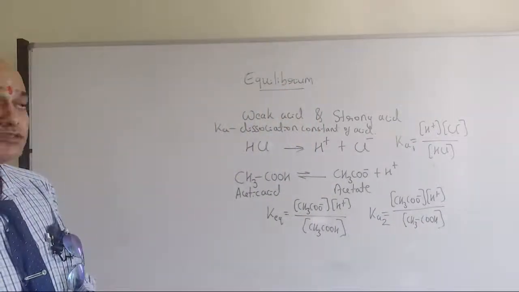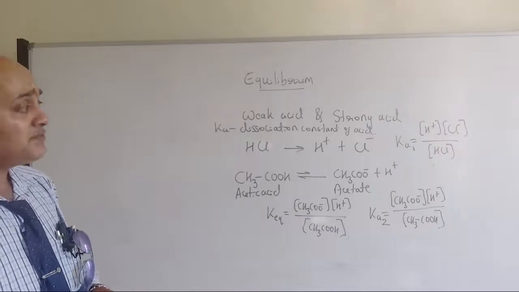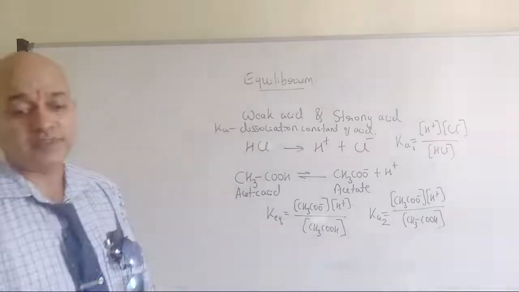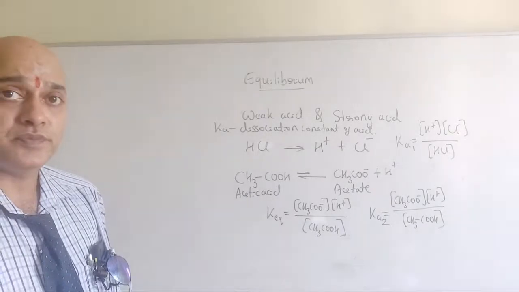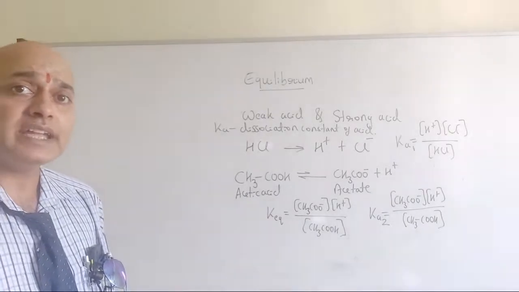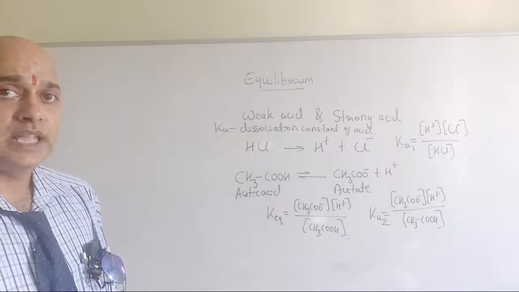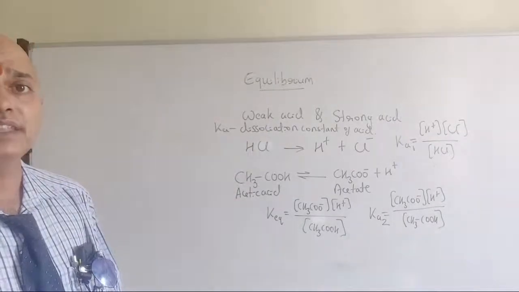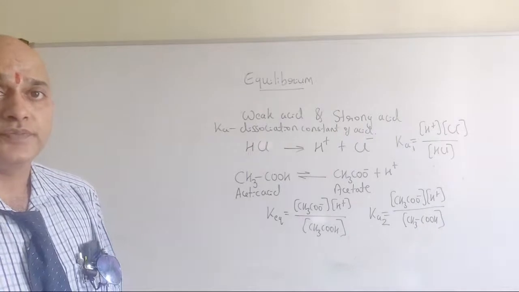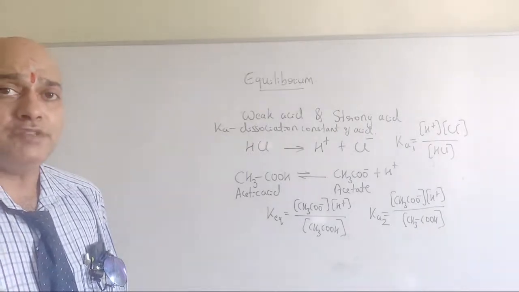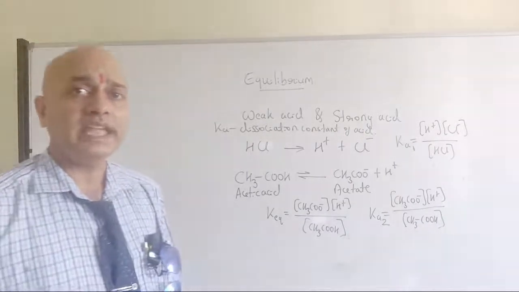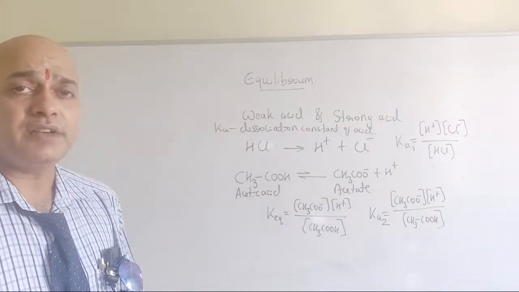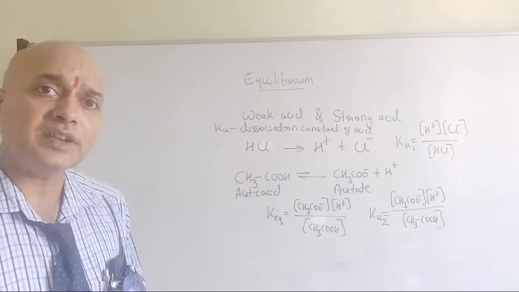Now you should tell me which value will be greater, Ka1 or Ka2? HCl is a strong acid, acetic acid is a weak acid. Everything is on the board. You can just mention the greater value, either Ka1 or Ka2.